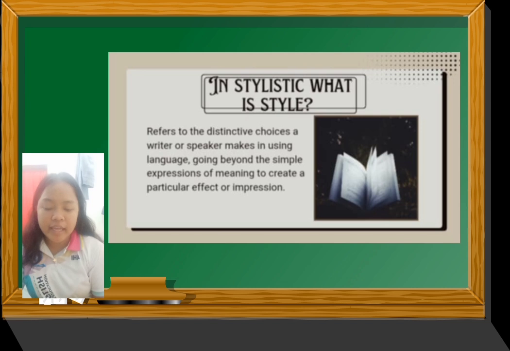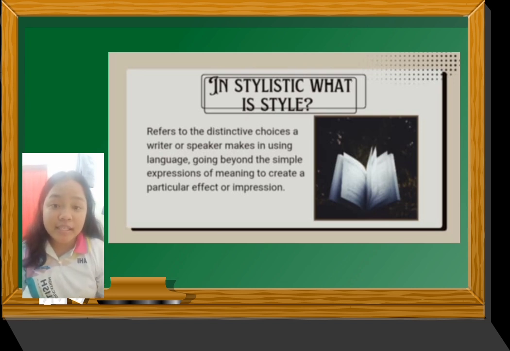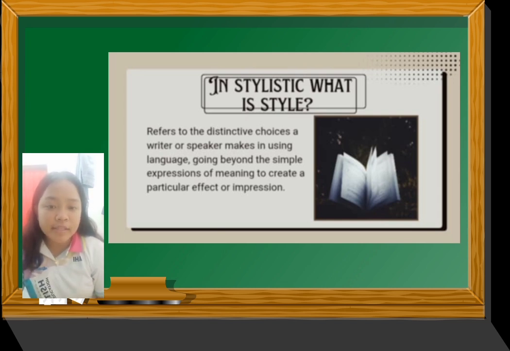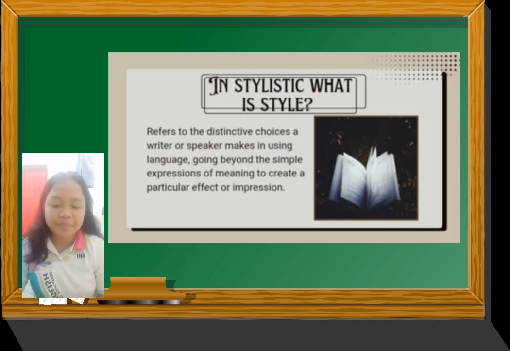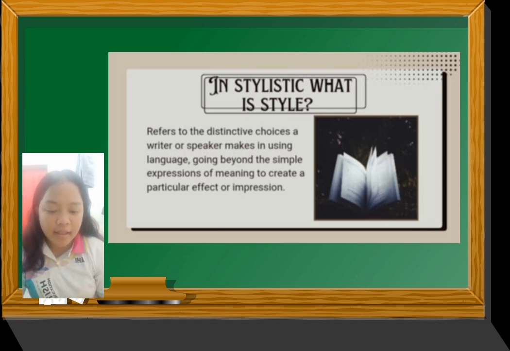A style can be characterized by various stylistic devices such as similes, metaphors, and alliteration, as well as more general elements like tone, mode, and point of view.